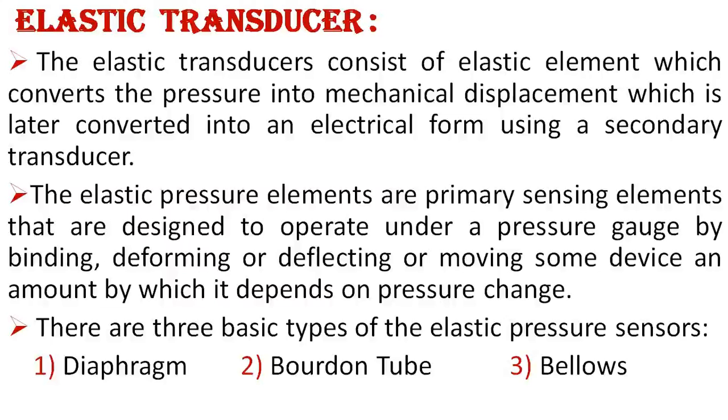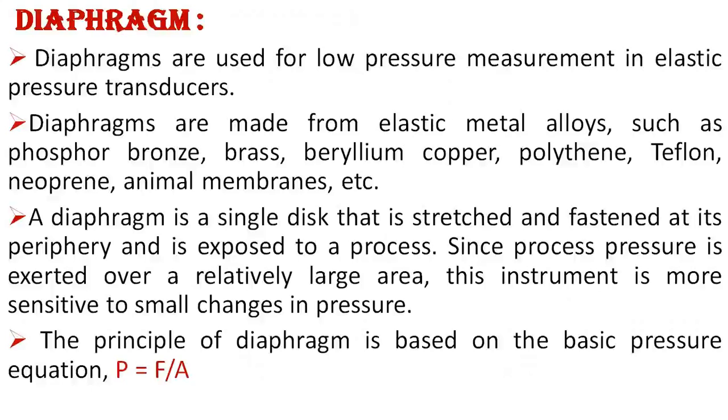First one is the diaphragm, second one is the bourdon tube, third one is the bellows. These operate over different pressure ranges, and the formations are deforming and bending in the material, which measures the pressure range.